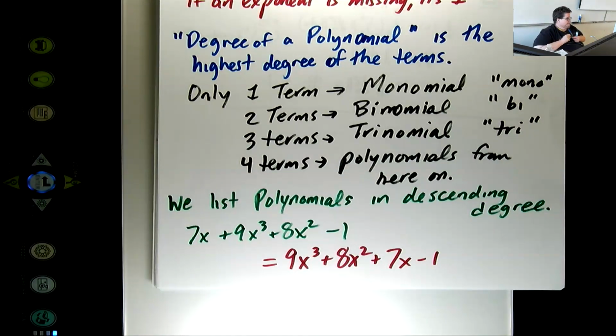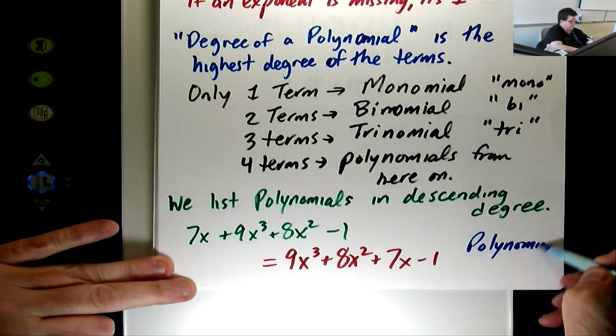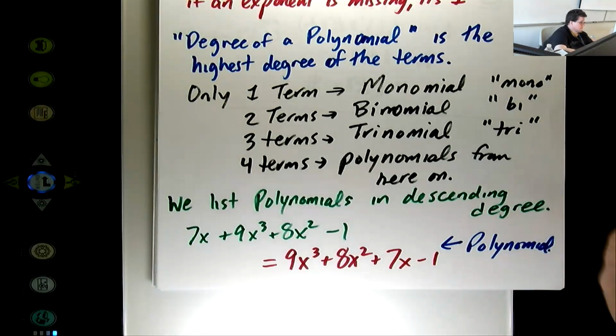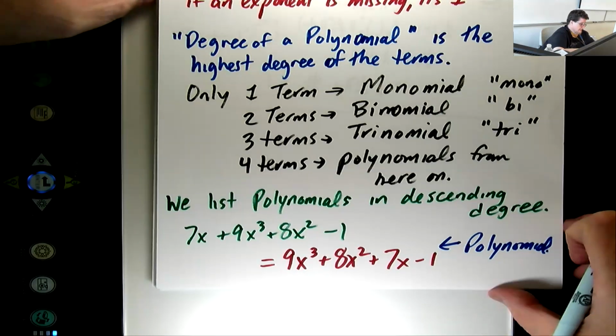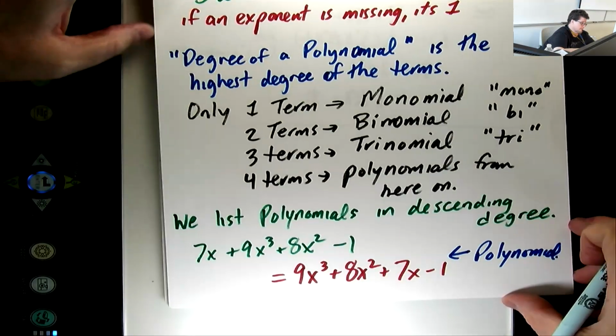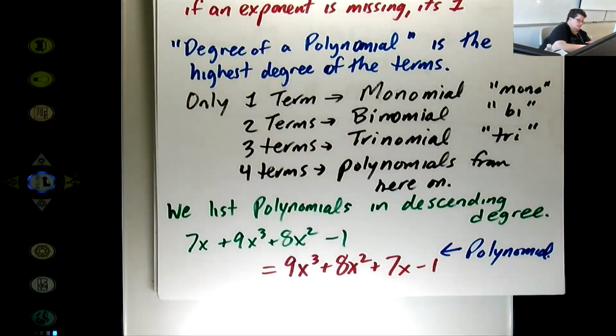At least in English, we read left to right, so it's handy to know right away what the biggest term is. So we put it up front. This is a polynomial.